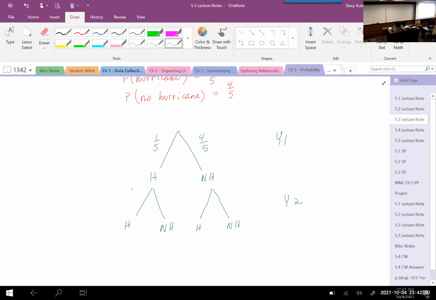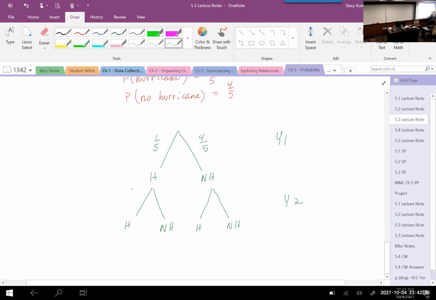Yes or no? Okay, so what we're doing is building a diagram to represent what's happening here. On December 31st, I could be here at the end of year number 1. And in the next year, I could have a hurricane or no hurricane, right? Well, what if instead of being over here at the end of the year, I'm here? Now I'm starting a new year and I could have a hurricane happen or no hurricane happen, correct?